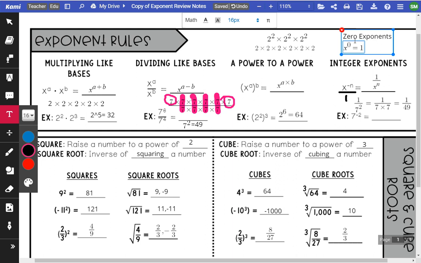No matter what x is. It could be 72. It could be negative 3 million. Positive, negative, fraction, decimal, exponent, irrational number, any number to the 0 power equals 1. The only exception is 0. 0 to the 0 power is 0.